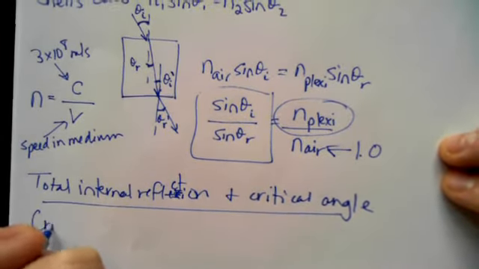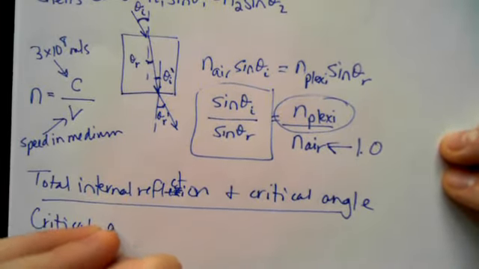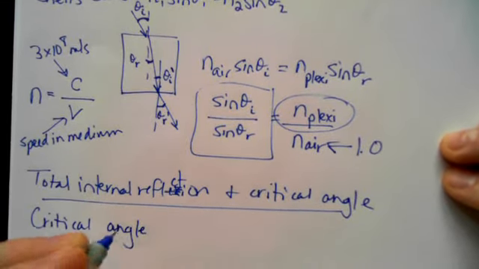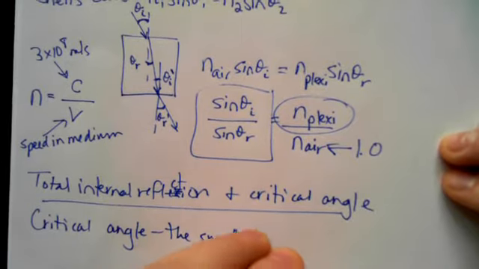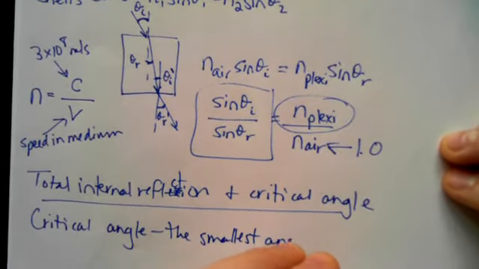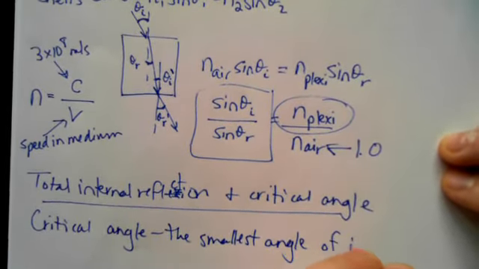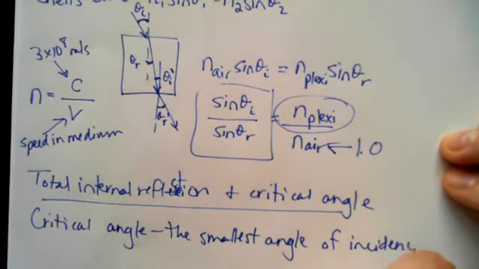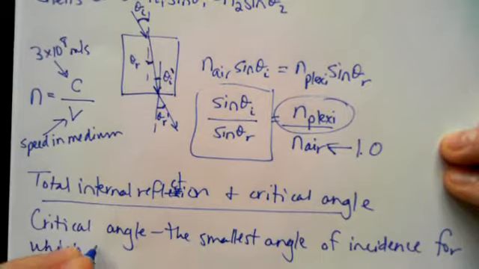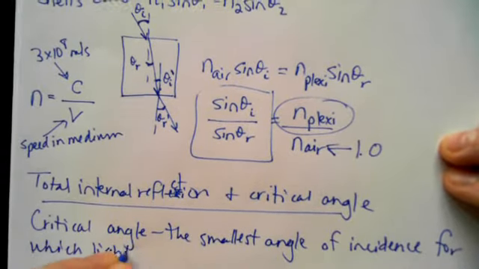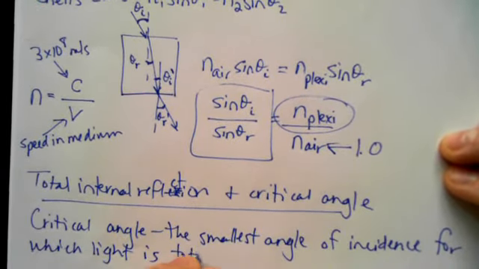So the critical angle is the smallest angle of incidence for which light is totally reflected.